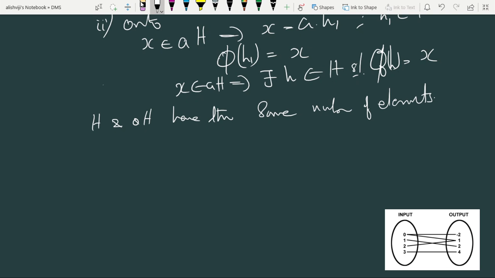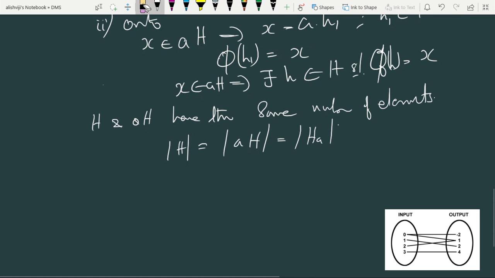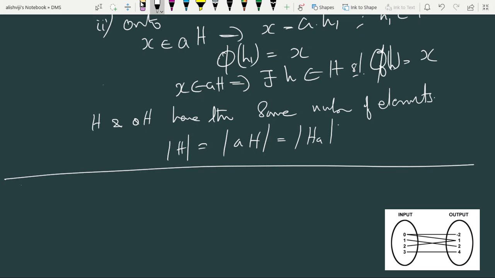So we can write the order of H, or number of elements in H, and number of elements in AH and number of elements in HA are the same. Number of elements in right coset and the number of elements in left coset are the same. So that's our first result.